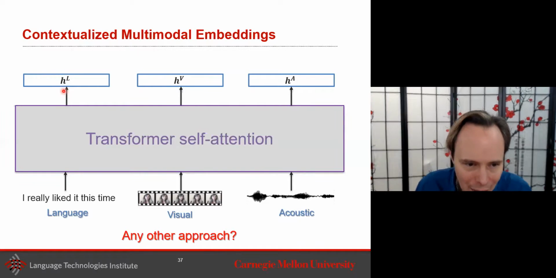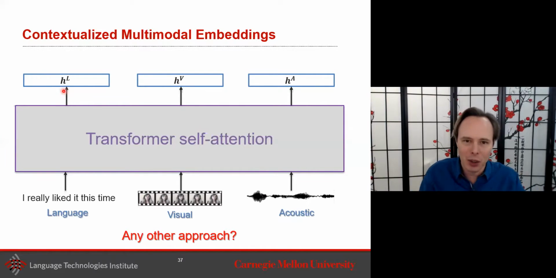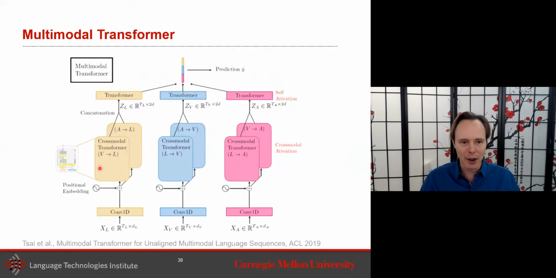So instead of having one transformer do everything at the same time, I'm going to do it in a bimodal way, and in a directional way, which is even more important. So it's not just going to be a self-attention with visual and language.